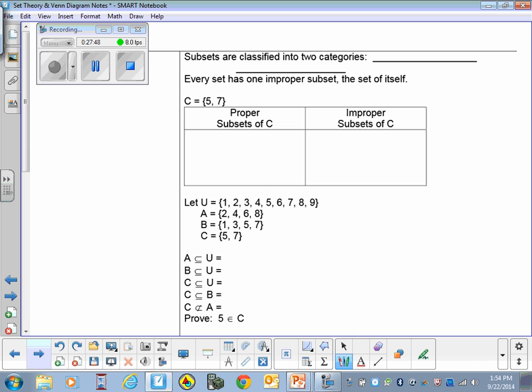Next up, subsets. There are two types of subsets: proper subsets and improper subsets. Improper subsets are my favorite because they're the same as the set you're given. The set I'm given here is 5, 7. That's my improper subset. Got that part down. Proper subsets can be a little more tricky.